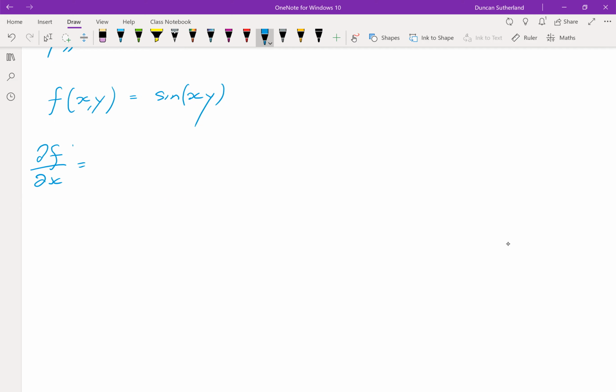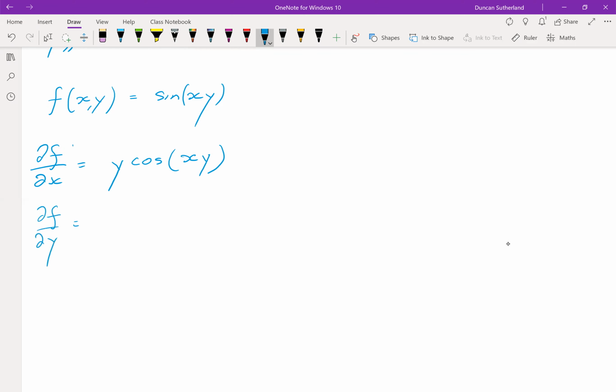So the derivative of sine with respect to its argument is cosine. Derivative of x times y with respect to x: remember that y is just a constant, so you get y. Right, so y times cos(xy), get rid of the x, and that's the first derivative with respect to x.